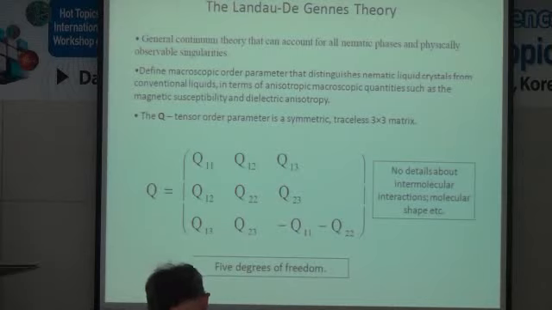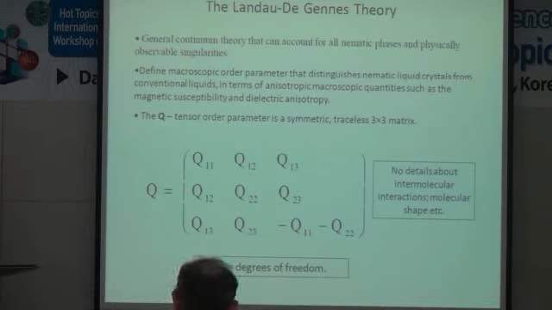But loosely speaking, the Q-tensor order parameter is just some sort of a macroscopic measure of the anisotropy present in the system. And from a mathematician's point of view, the Q-tensor order parameter is just a symmetric, traceless 3x3 matrix. Because it's symmetric and traceless and 3x3, there are 5 degrees of freedom.